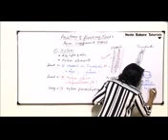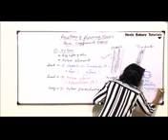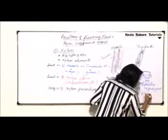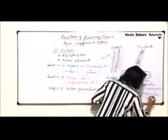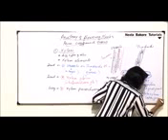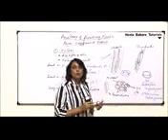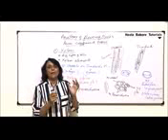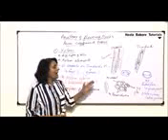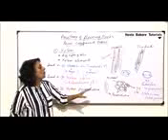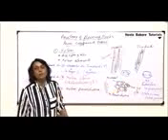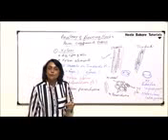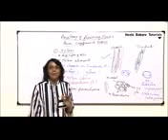Protoxylem is first formed xylem, and metaxylem is later formed xylem. So the xylem which would be formed first when the plant tissue is being formed, at that time whichever xylem is formed, we'll call it protoxylem. And the xylem which is formed after the protoxylem would be called metaxylem.